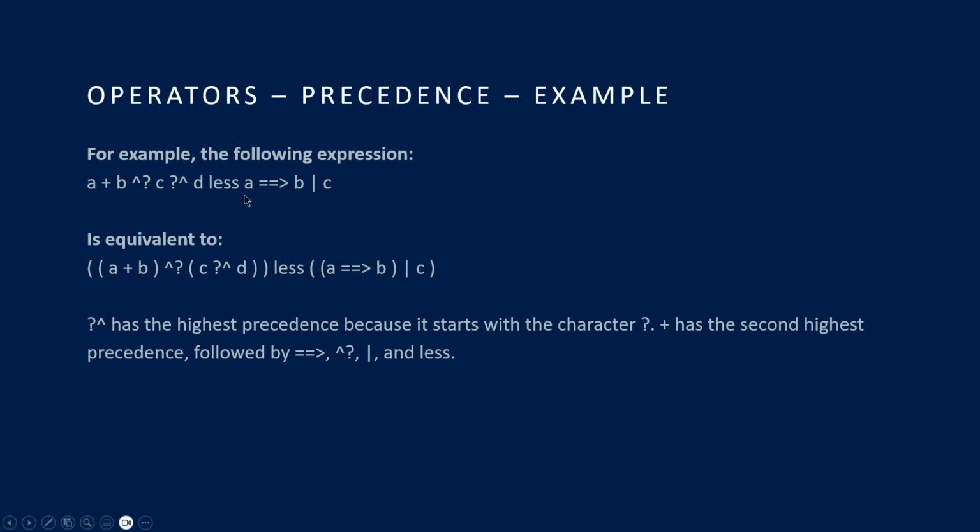If we use brackets here to show you what that's equivalent to, in this example, question hat, whatever you want to call that, has the highest precedence because it starts with this character, plus has the second highest precedence, followed by other characters.